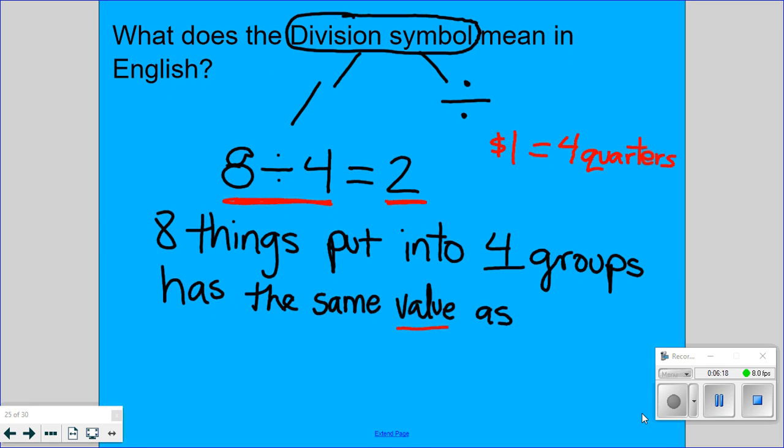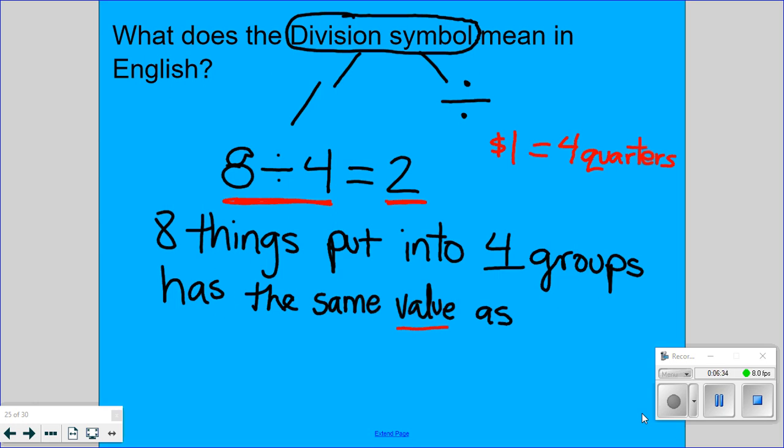So I have 8 things put into 4 groups. That's not 2 things, but you're on the right track. It's not 2 things.